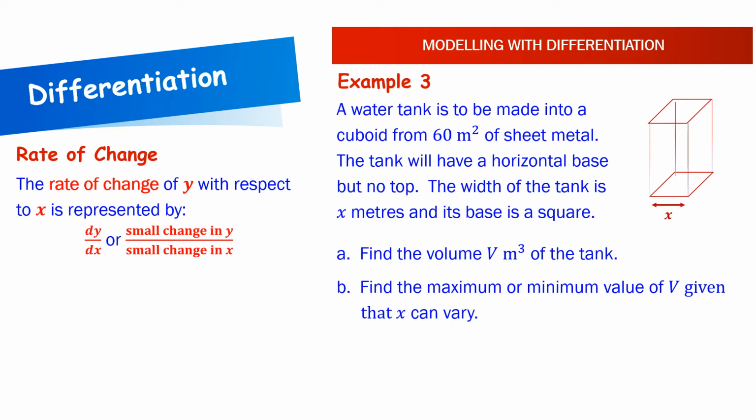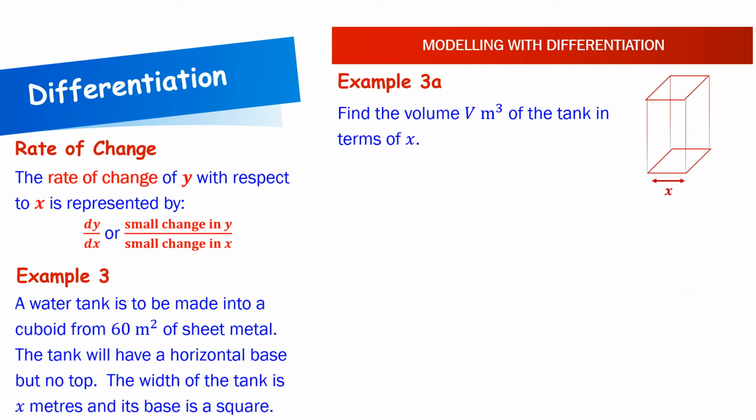Secondly, find the maximum or minimum value of V, given that x can vary. And finally, explain why the value of V you have found is a maximum. So let's solve part A first. Find the volume V meters cubed of the tank in terms of x.